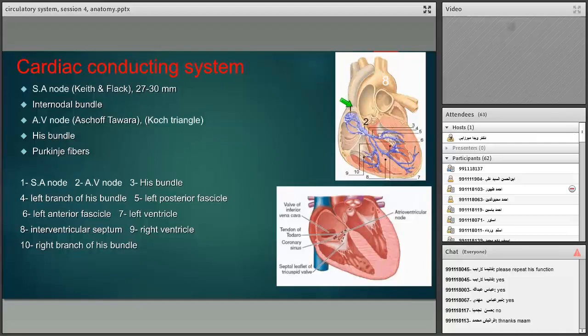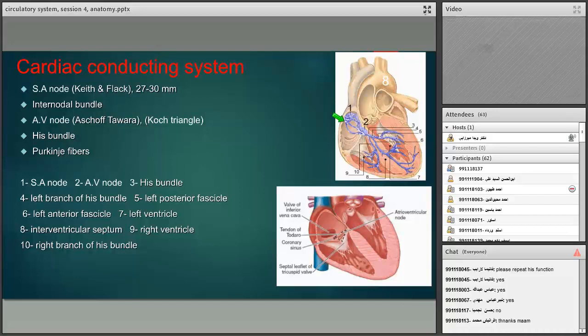The superior vena cava pours into the right atrium, and the sinoatrial node is placed here. It is a big node, but it can't be seen. The sinoatrial node is the starting point of the conduction system and starts the heartbeat.